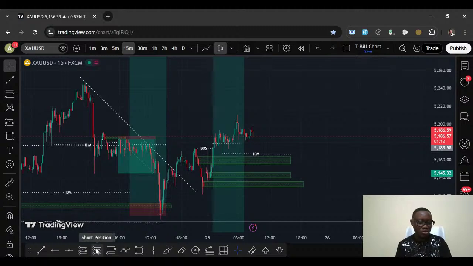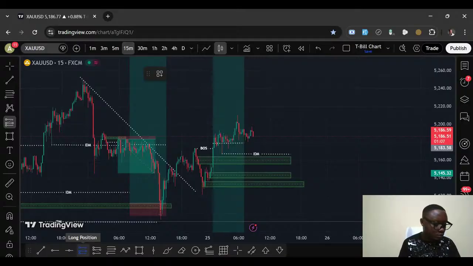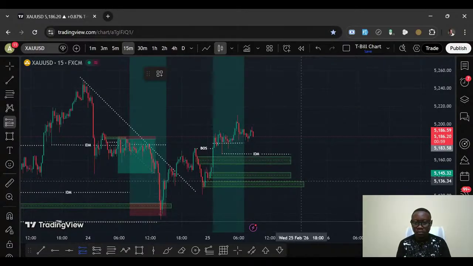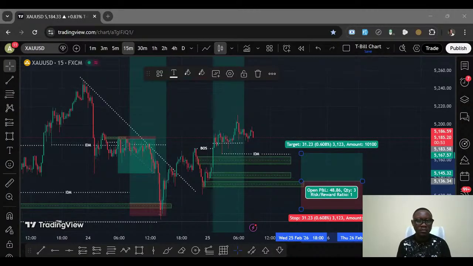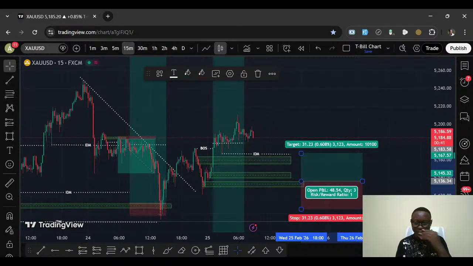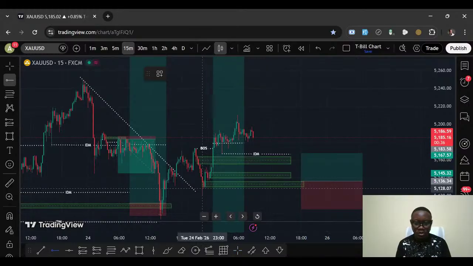Here's my position two. Again, our SL will be right here, right below the order block zone.